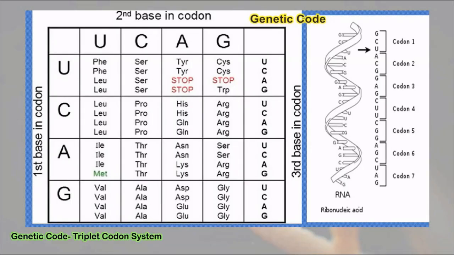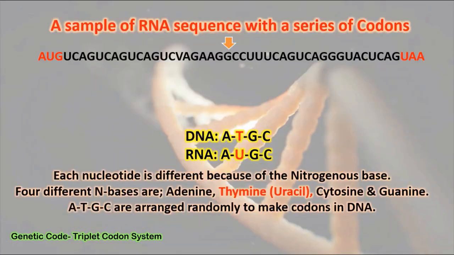AUG is the initiation codon usually, and UAA, UGA and UAG are the termination codons. And this is the sequence of RNA. And you can see a sample of RNA sequence here, beginning with AUG as the initiation codon, UAA as the termination codon. AUG is the initiation codon, and the codons which are followed by AUG, a set of 3, are the subsequent codons.